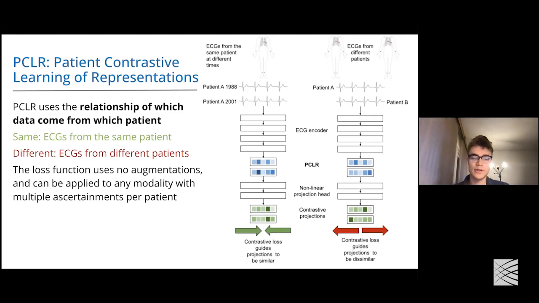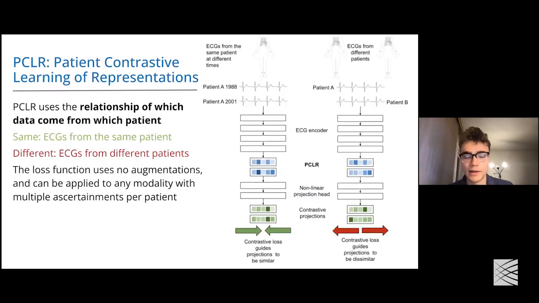The contrastive loss function requires no augmentations, and therefore a lot less domain-specific knowledge. So it can potentially be applied to any medical modality where there are multiple ascertainments per patient. Think of all the different types of medical scans, like chest x-rays, that are taken multiple times over a person's lifetime.